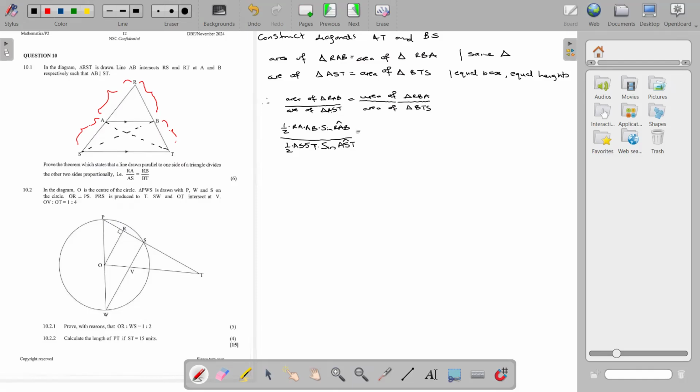This must be equal to the area of triangle RBA.